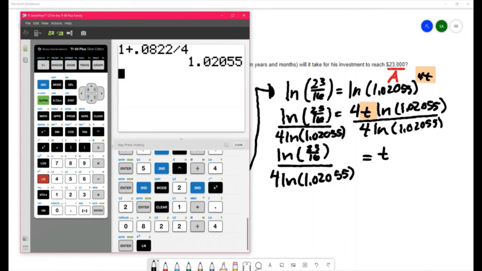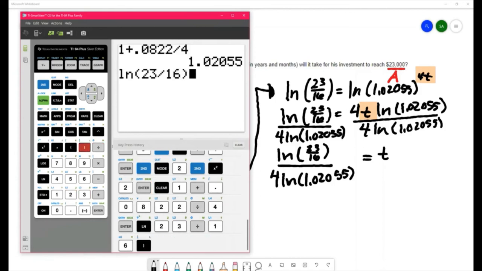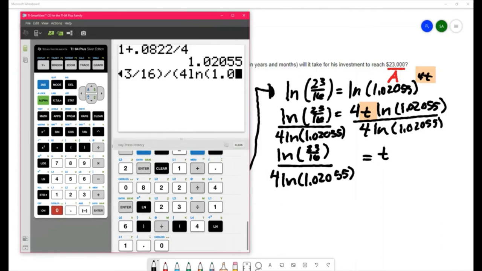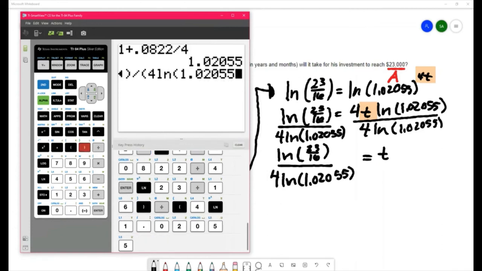That's natural log of 23 over 16 divided by, and I have multiple factors in my denominator, so I want to make sure I put parentheses around that. It's 4 natural log of 1.02055, close parentheses for the log, and close parentheses for the denominator.